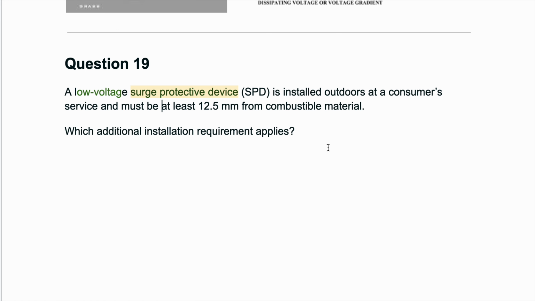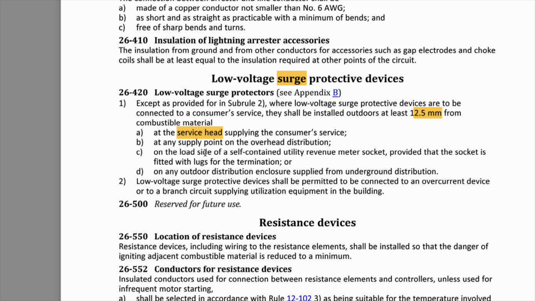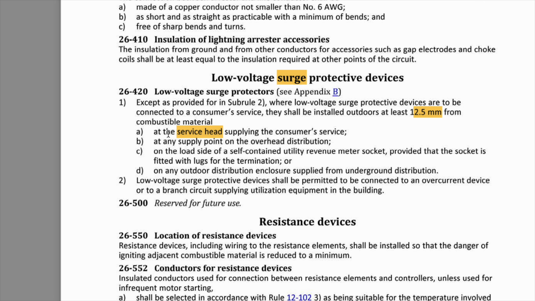This number was in the question, so we can be sure that we are at the right point: at the service head supplying the consumer service, at any supply point of the overhead distribution.